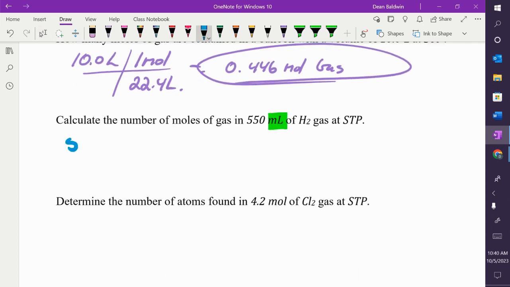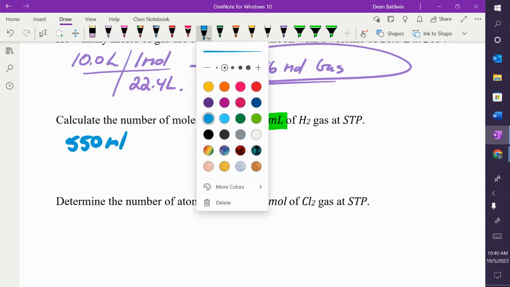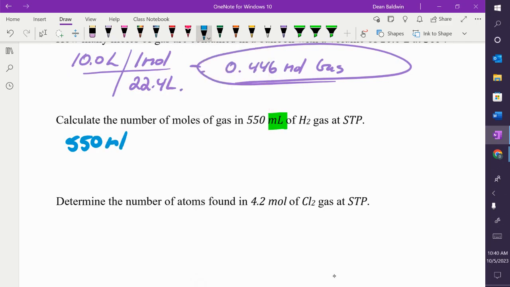So we have 550 mL of H2. I need to get rid of milliliters. Anybody remember the conversion of milliliters to liters? There's 1,000 milliliters per 1 liter.